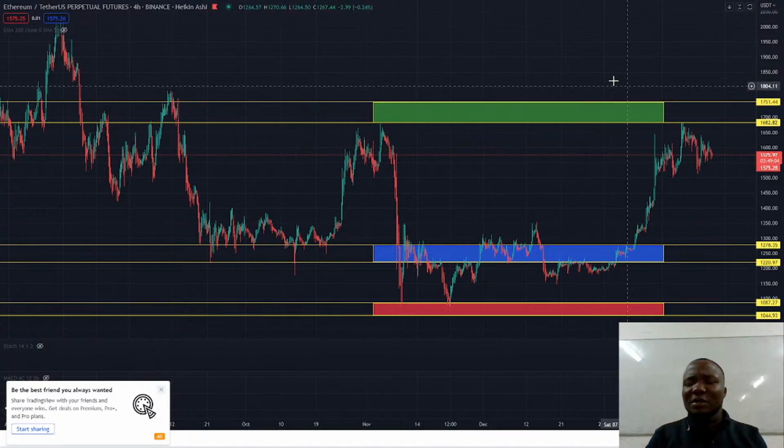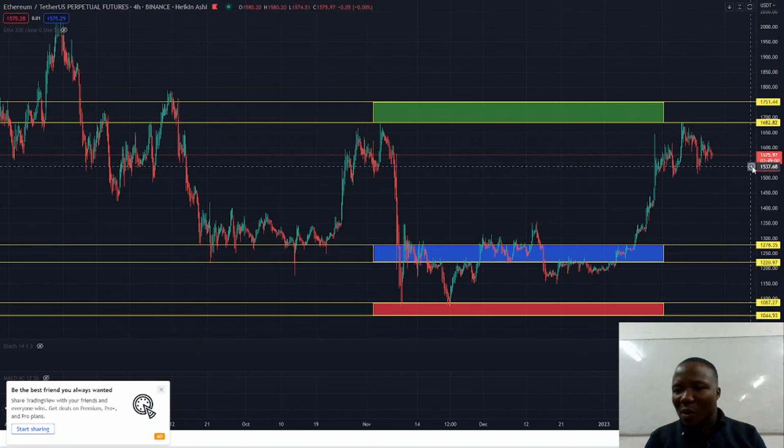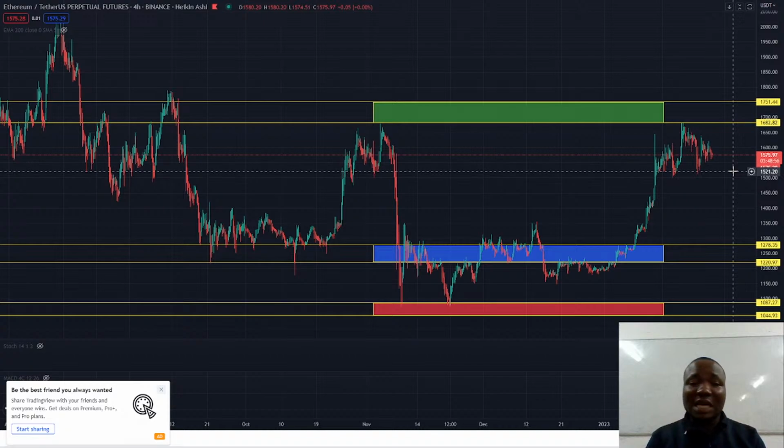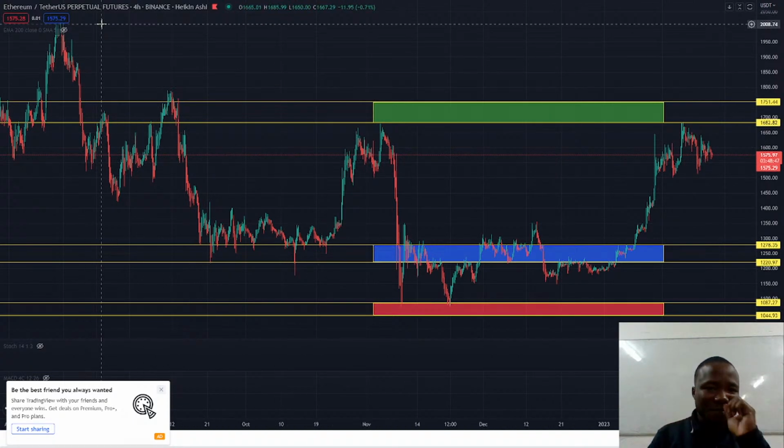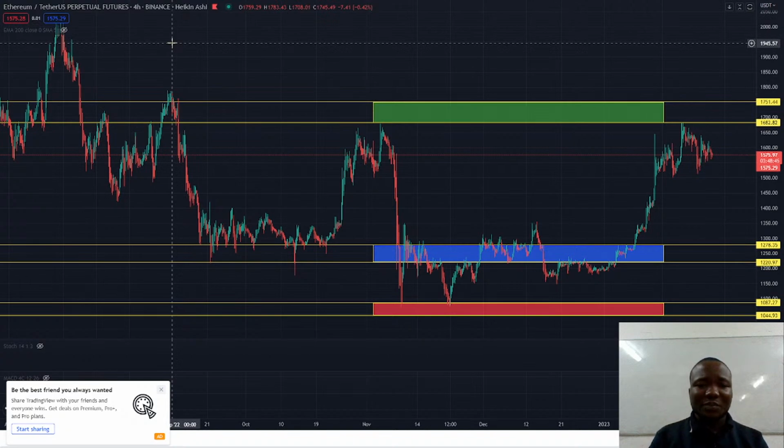So here is the Ethereum time frame, as Ethereum is currently at $1,575.97. That's the current market price for Ethereum slash USDT. This is the 4 hours time frame. I'm a swing trader though, and more of a price action trader.